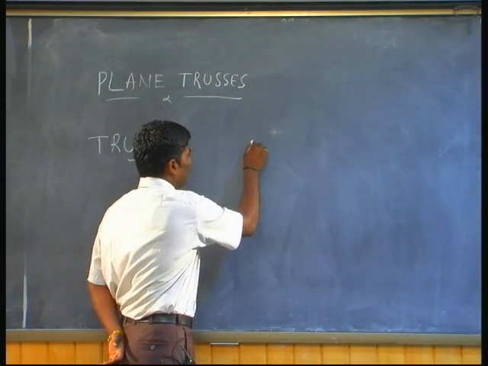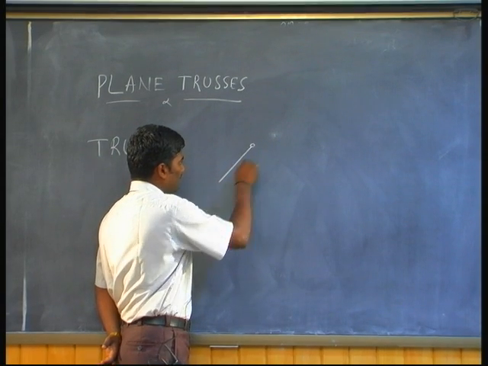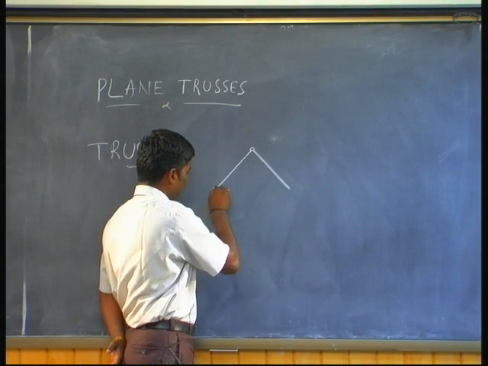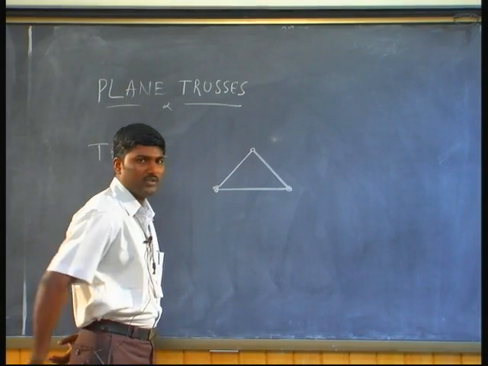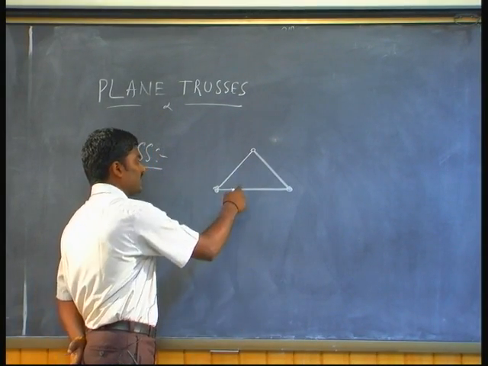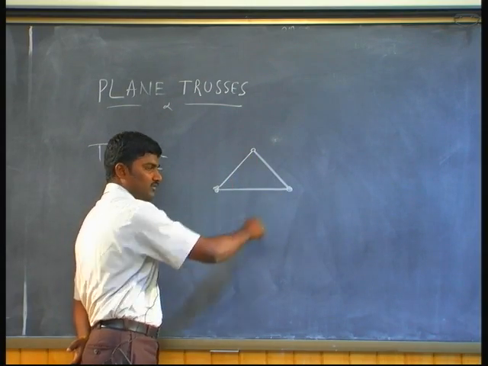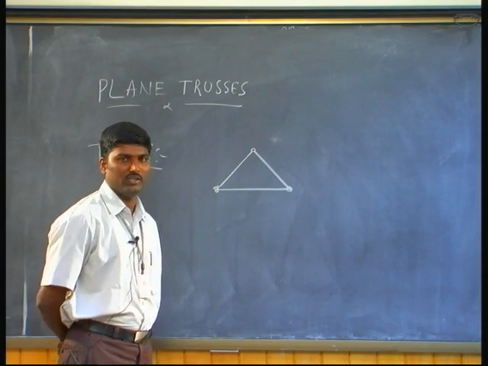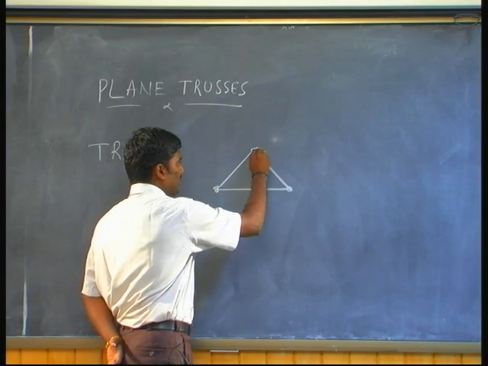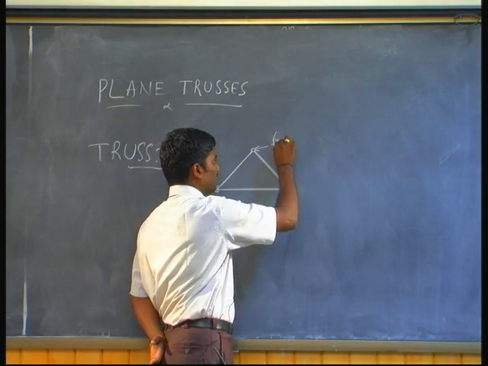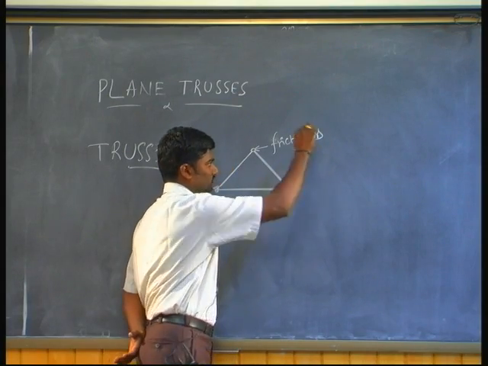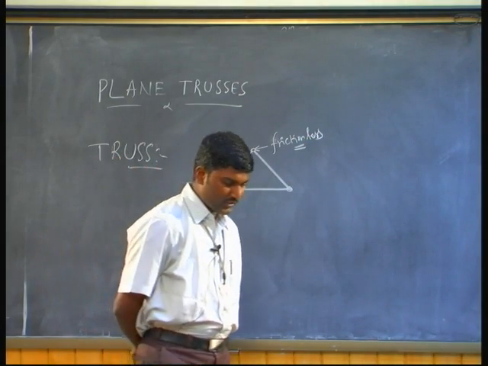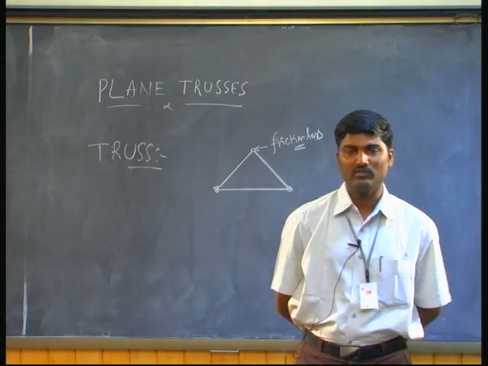Just if I take 3 bars, I connect them at their ends by 3 pins, as you see in the diagram drawn. These pins are frictionless pins. So, that is the definition of a truss.